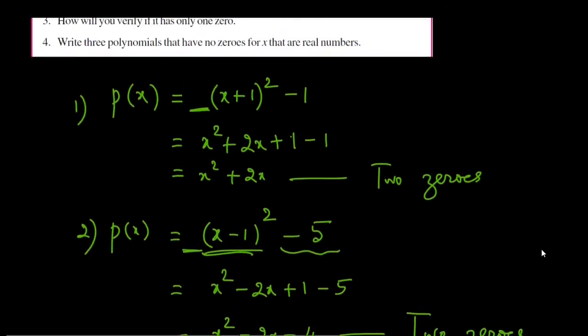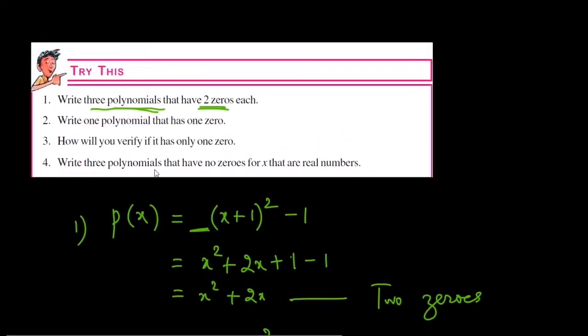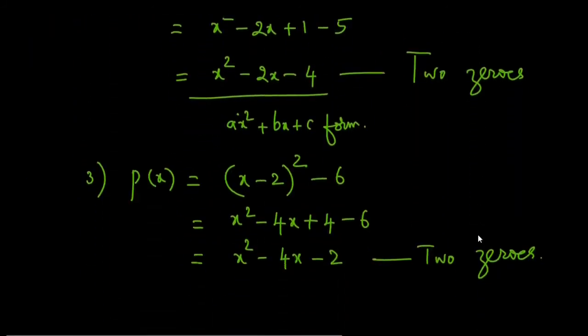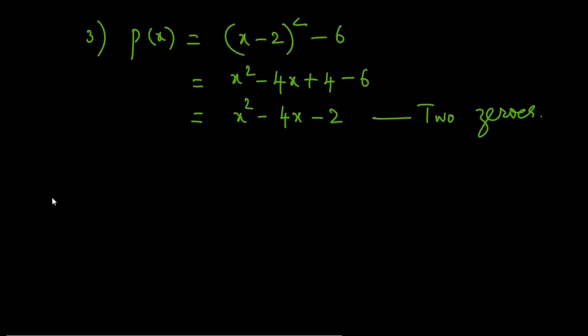Then another question here. Write one polynomial that has one zero. Write some polynomials having only one zero. Then how do we write polynomials having one zero only?